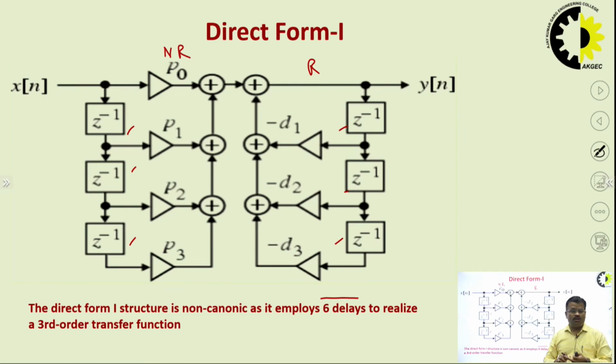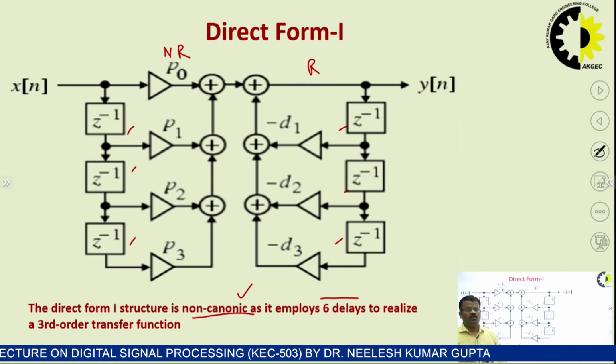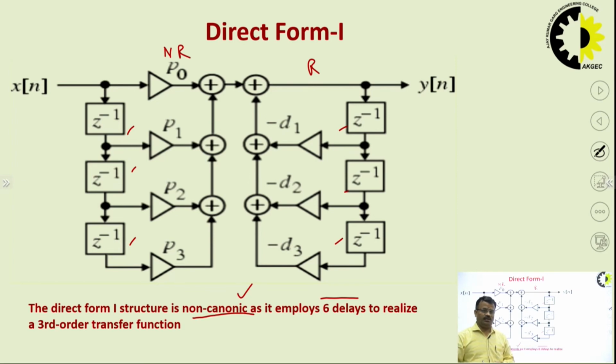So the order of the difference equation, the order of the transfer function, is not equal to the number of delay elements. So it will be a non-canonic structure. Direct form 1 structure will always be non-canonic, because the number of delay elements is not equal to the order of the difference equation or transfer function for a particular digital IIR filter.